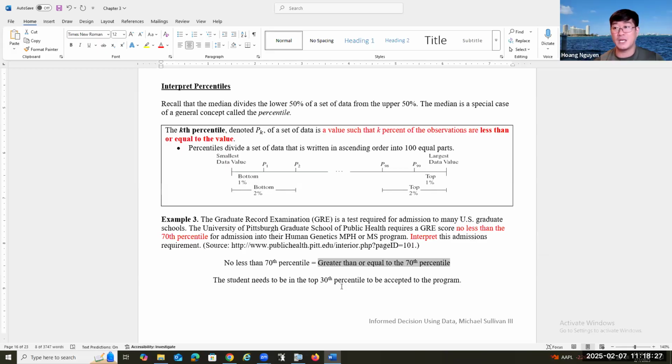So only the top 30% of the students will be accepted to this program. That's the meaning of this admission requirement based on the concept of percentile.